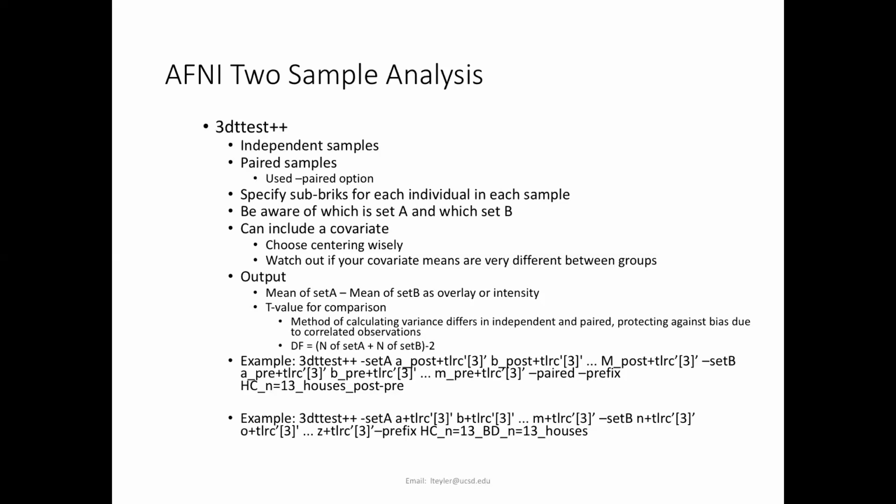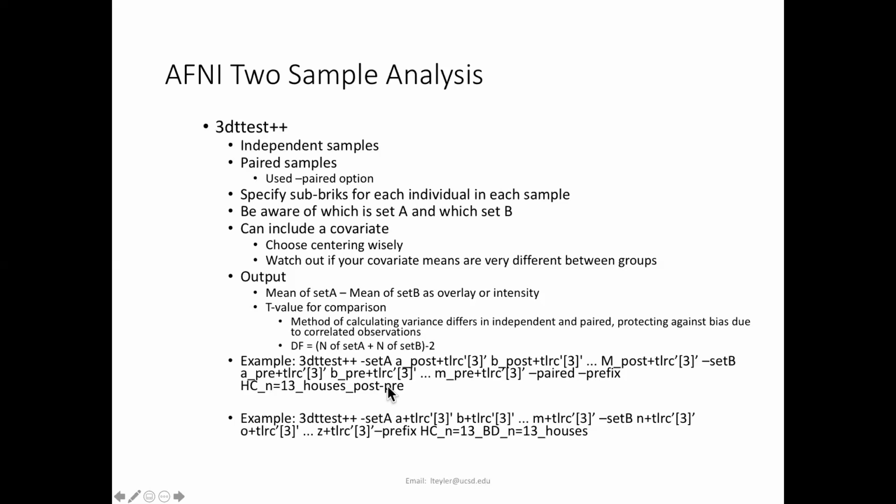So this is an example of how you actually write this out, 3dttest++. You would have set A, and then, for example, like I said, a post-test value for every subject up until subject M, and then set B would be a pre-test for all those same subjects. It would be the same subbrick because it's houses in this case, and then you would say paired because each person had a pre and a post, and then a prefix might be something like healthy controls, n equals 13, houses, post minus pre.